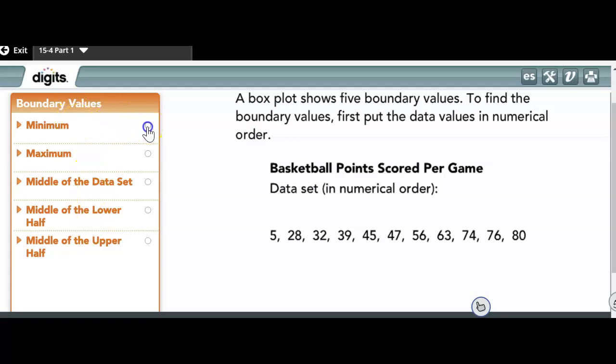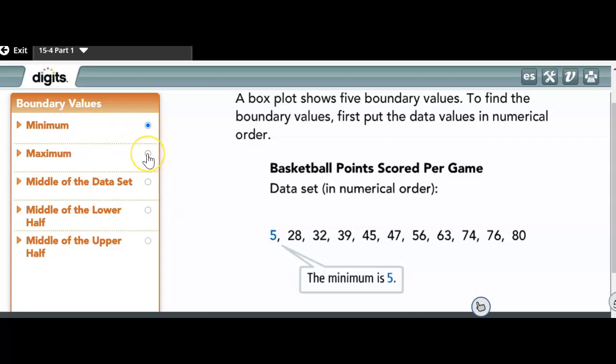So, minimum. The minimum is 5. In your notes, make sure next to minimum you put the smallest number.